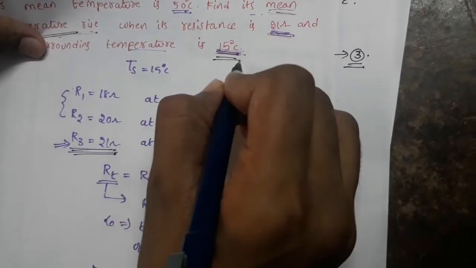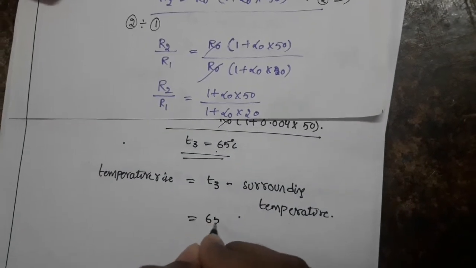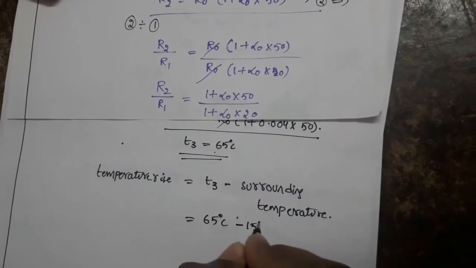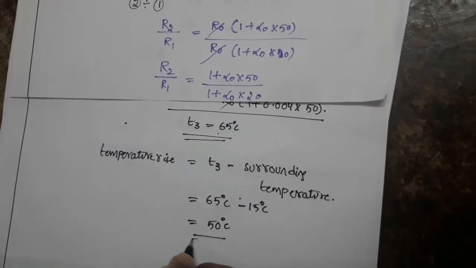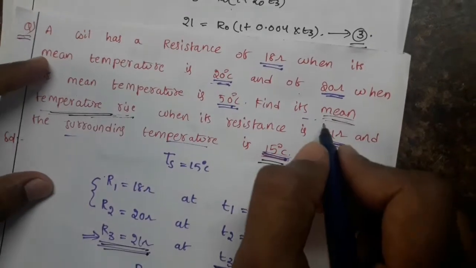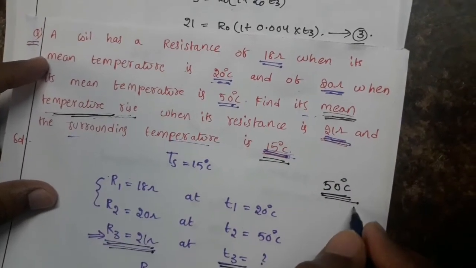They have given the surrounding temperature of 15 degrees centigrade. So T3 we know is 65 degrees centigrade minus 15 degrees centigrade. By solving this we will get 50 degrees centigrade. Therefore, mean temperature rise equal to 50 degrees centigrade.